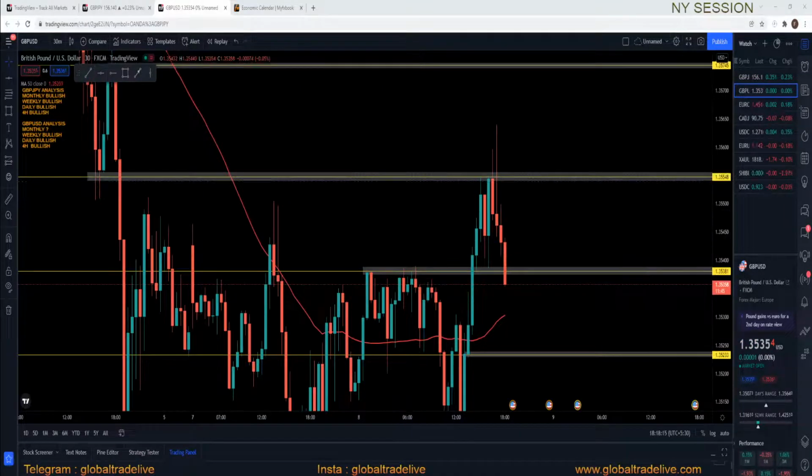Sometimes you overtrade, sometimes you trade the wrong range, sometimes you take a trade just because you feel you need to take a trade that day. That's the only reason. So it just takes discipline. Sometimes somebody's mood is really off, so he just goes on the charts and takes trades. So that's the problem.